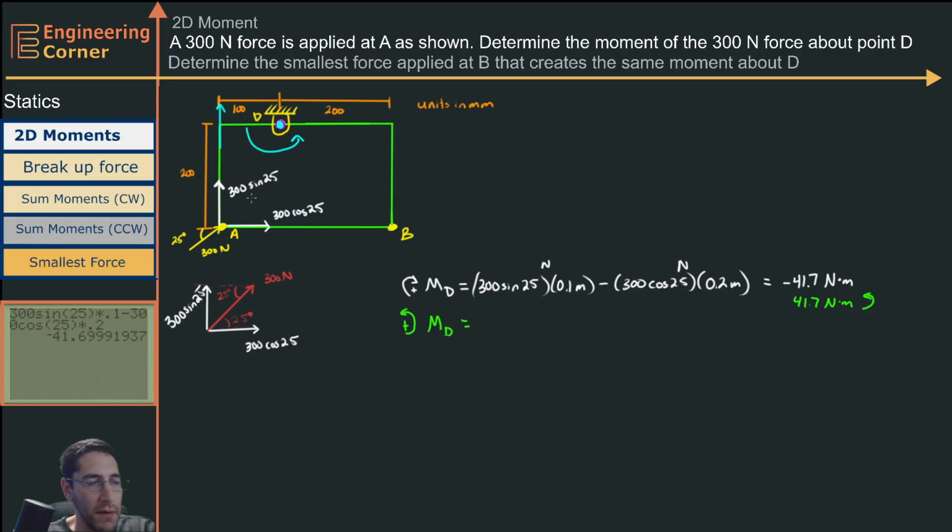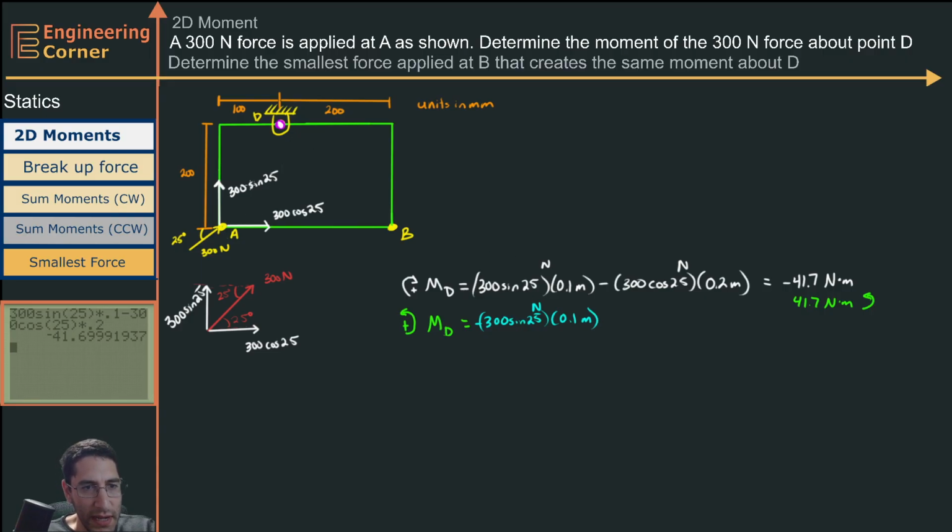So we pin our problem about point D, and we spin the entire problem, and what we get is something like this. We see that the tail is going to be going first, so we have to subtract. So we're going to have minus 300 times the sine of 25 times 0.1 meters.